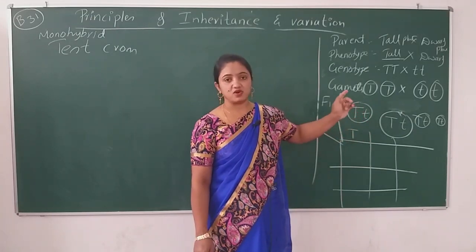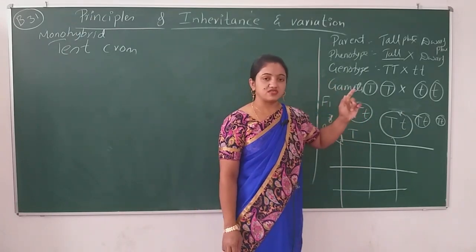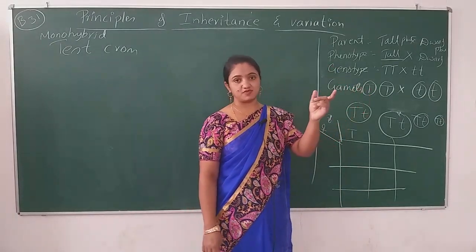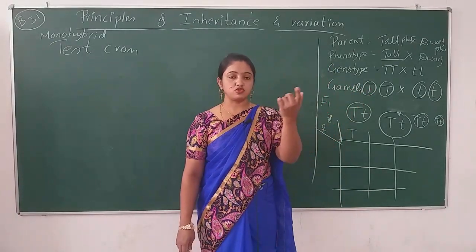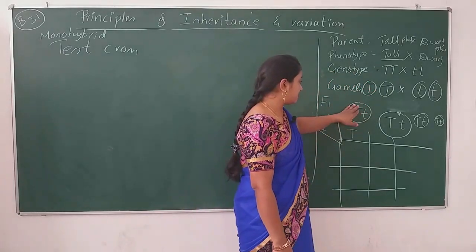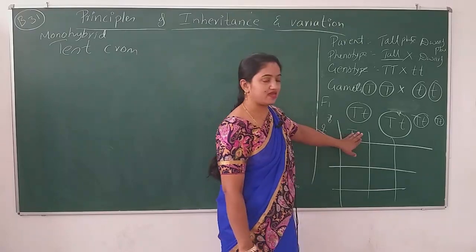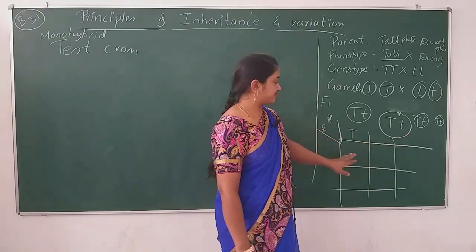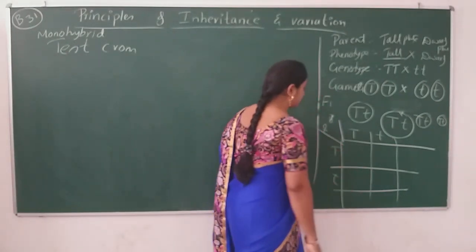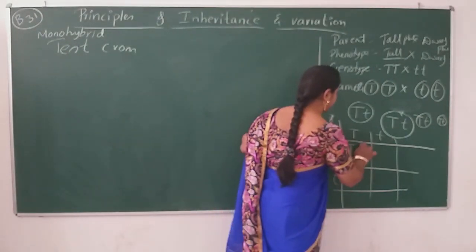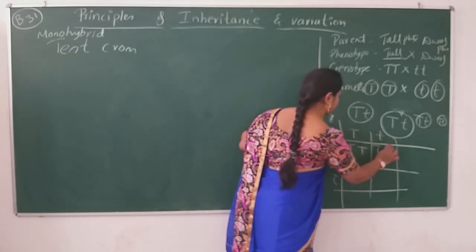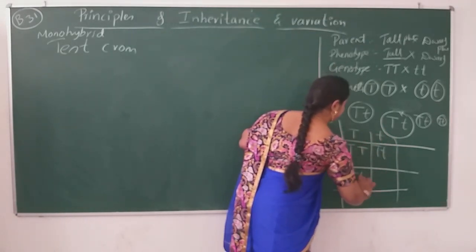By means of meiosis, right? In meiosis the reductional division takes place. When the reductional division takes place through the chromosomes, the genes also pass. By that, these genes are carried by each and every gamete. Here capital T and small t, capital T and small t. Just cross it: capital T and small t, capital T, small t.